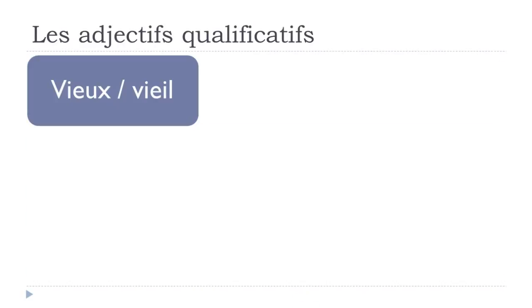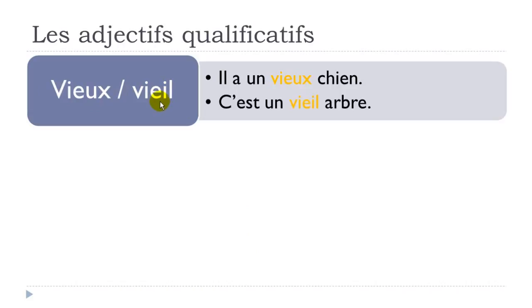So let's see now vieux. Vieux behaves like the two previous adjectives we saw. You will have two versions for the masculine form: the official one, and then the second one for words starting with the sound of a vowel, like arbre. For a normal word, like chien here, dog, you don't have the sound of a vowel at the beginning.